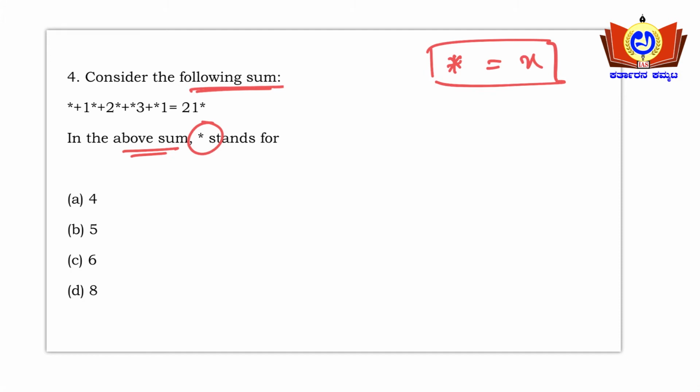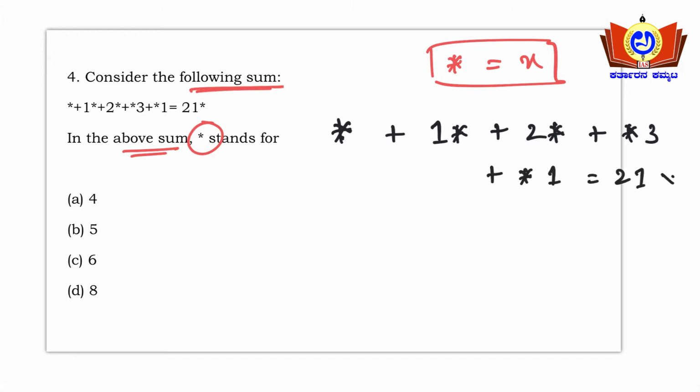See here, so star is there, so above star only I'll write here, star1 plus 2star plus 3star plus 1star will be equal to 21star here. Okay, so this is the equation here.